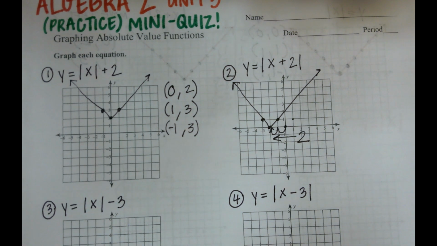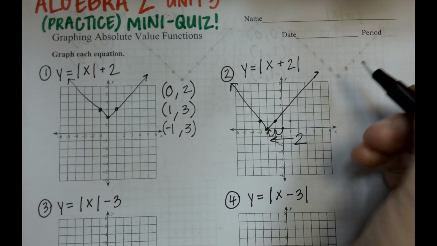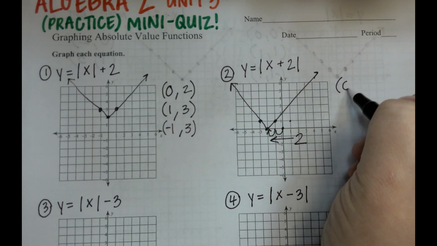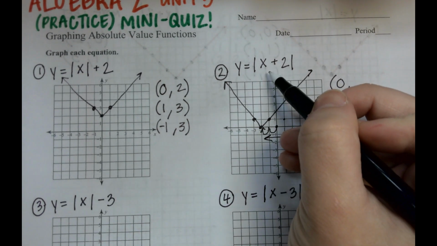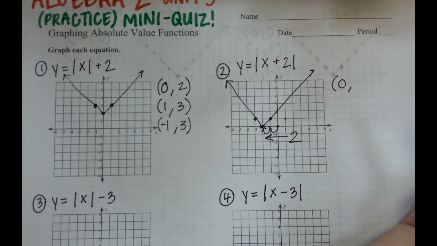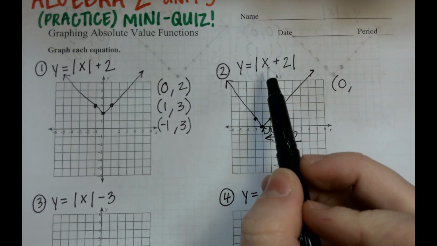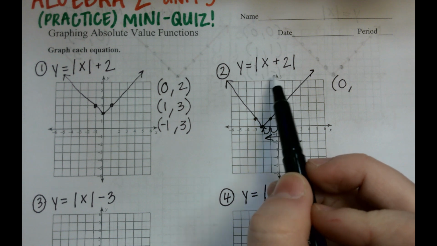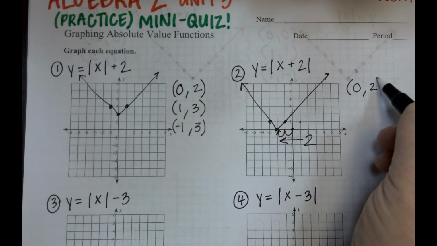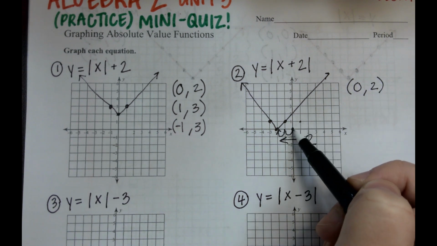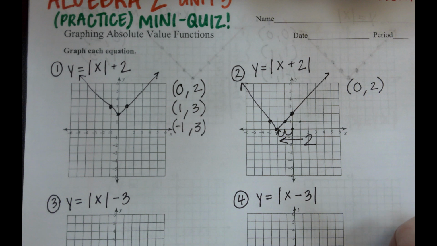Okay, we could also find points. X is 0. What is y? If I plug 0 in for x here, 0 plus 2 is 2. So my y is 2. If I go to 0, 2, I see that that falls nicely on my graph.